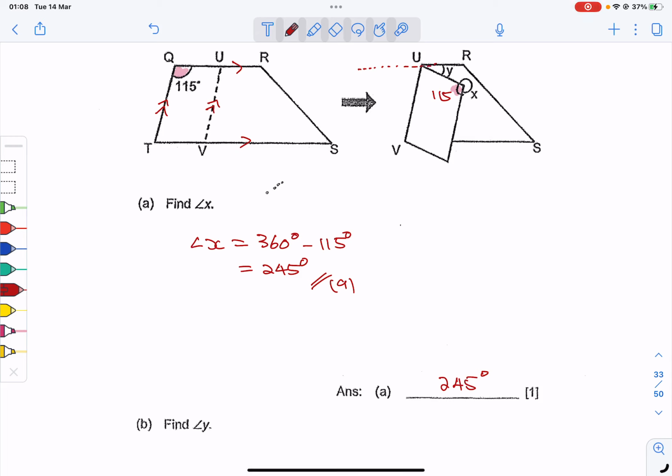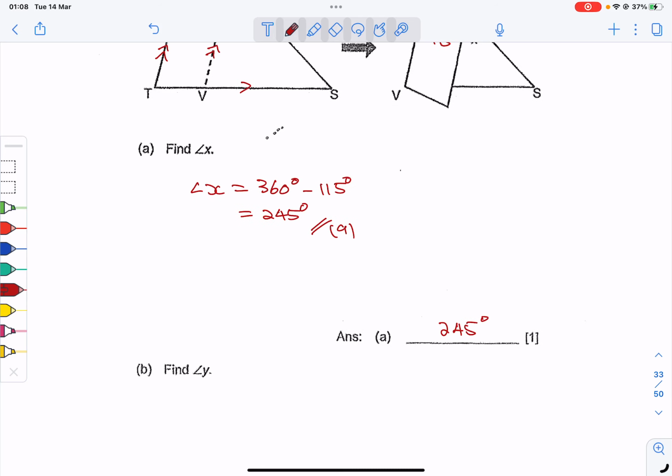So what we can do is, because these are parallel line, so here when you add up, it will be 180 degree. Therefore, this will be able to find by taking 180 minus 115.